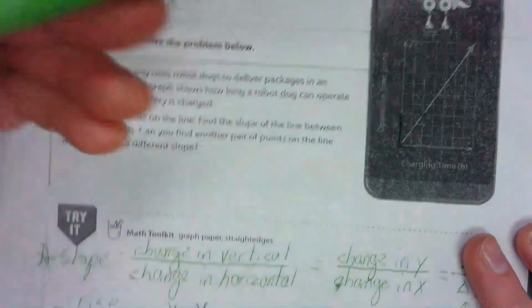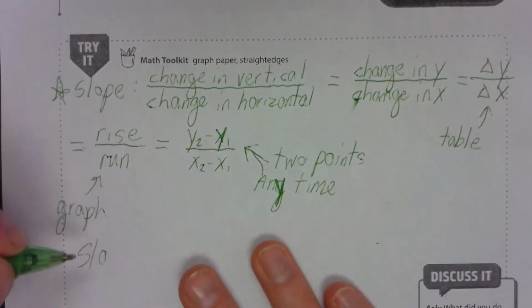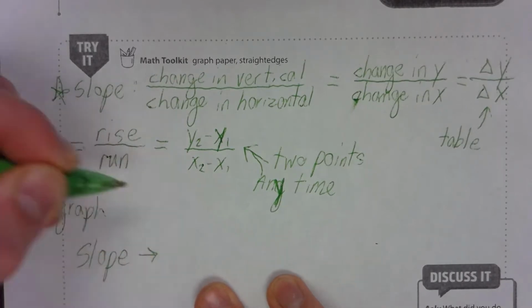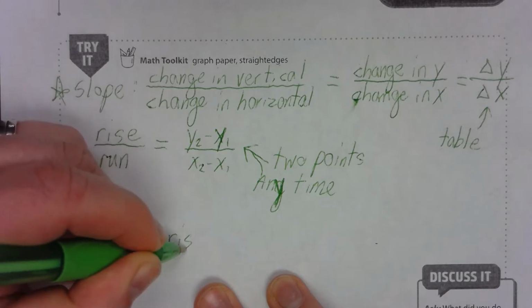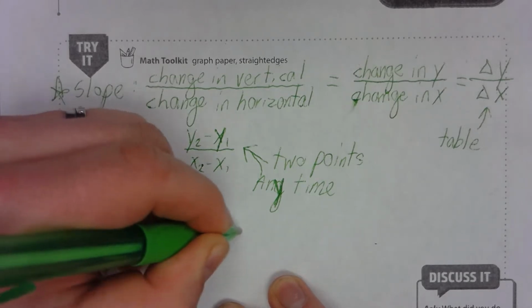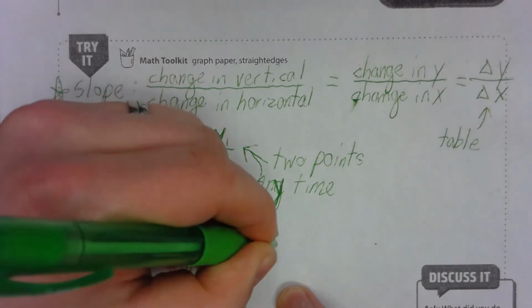It's going up 30. So my slope here, I'm thinking again, rise divided by run, or a change in my y divided by a change in my x.